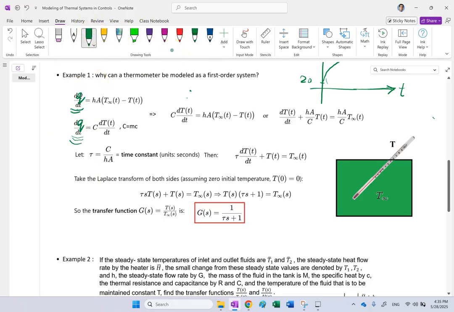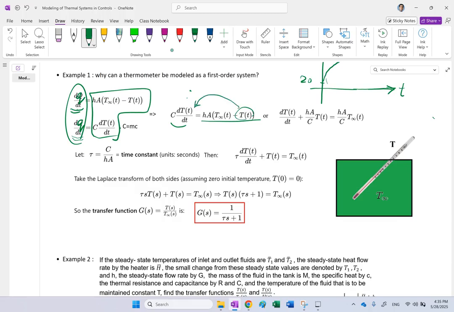So the left side of these equations are equal, therefore the right side should be equal. So we set them equal, and you get C dT over dt is equal to hA times T ambient minus T. Then that hAT with the negative sign, you can take it to this side. And if you do so, your equation becomes this.